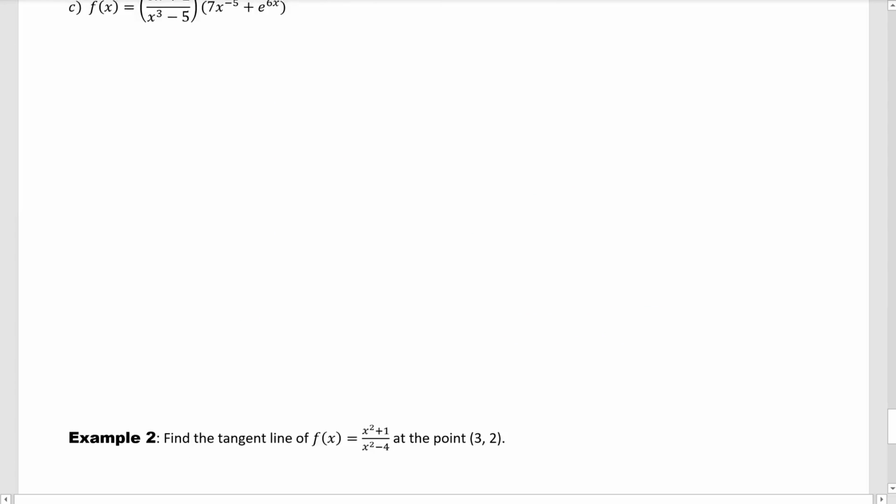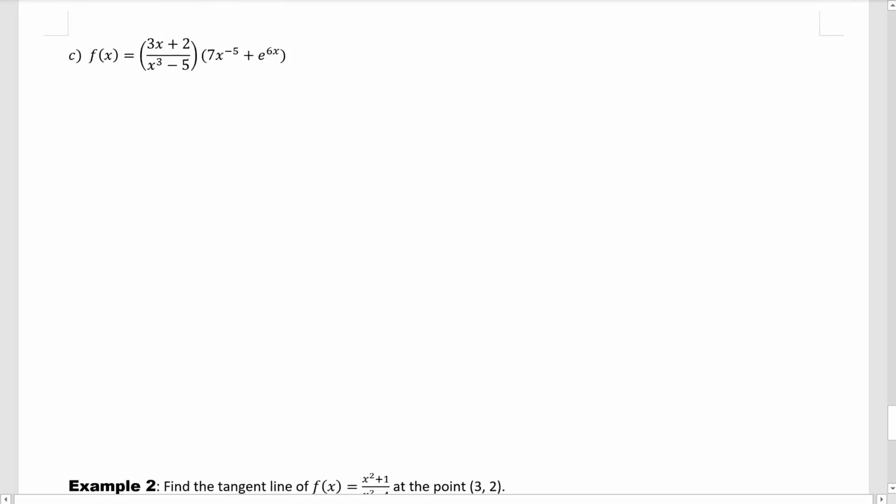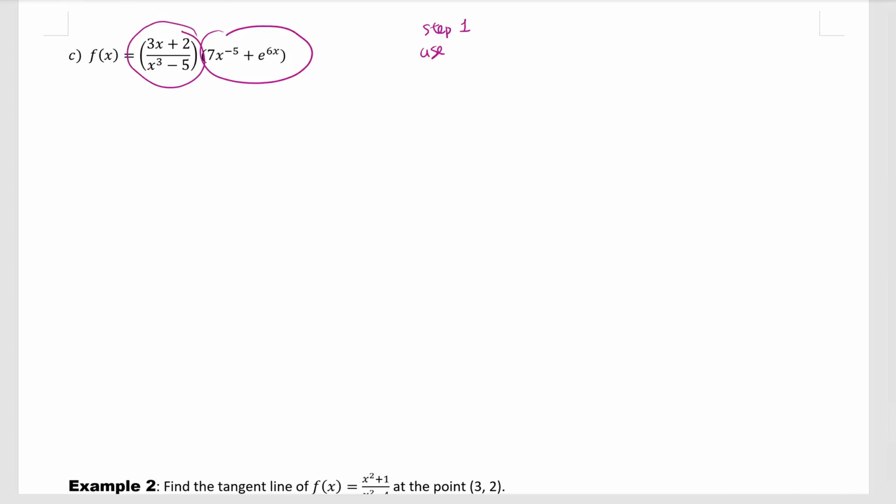Okay, so let's look at this function. Well, we see product and quotient. So when you take the derivative, you always look at the format from the outside to the inside. Well, the outside format is something times something. So step 1, use product rule. Something times something.